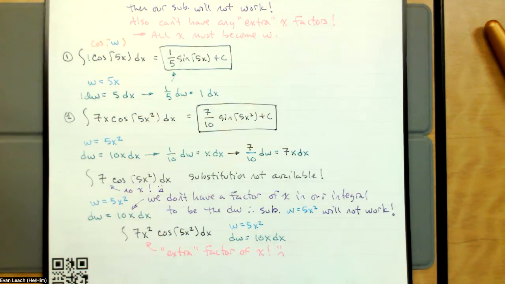So we do have a factor of x to be the dw, but we've also got this other factor of x. There's two factors of x there, and that messes everything up.